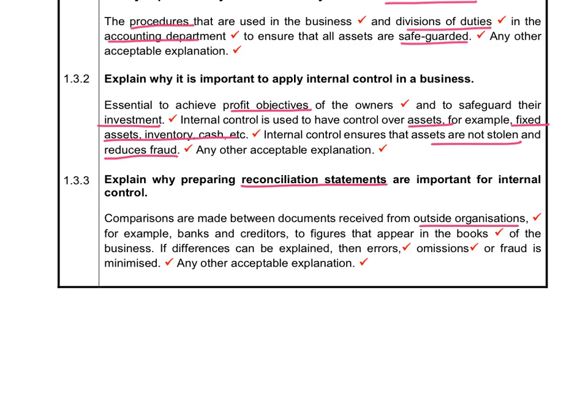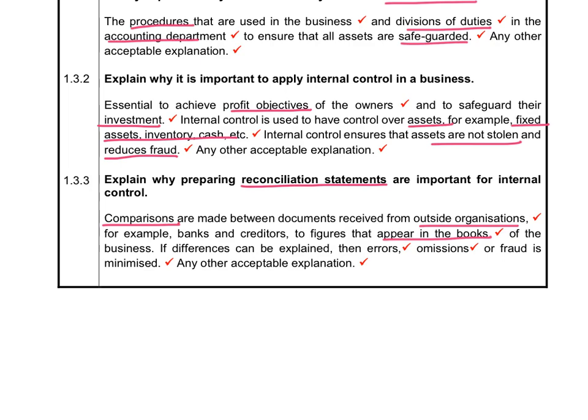And you will compare your own accounting to these documents that you receive from these outside people, so that you can see what appears in your books and what are the entries that appear in their books, so that you can see if they are the same. If there are differences, there's two options.